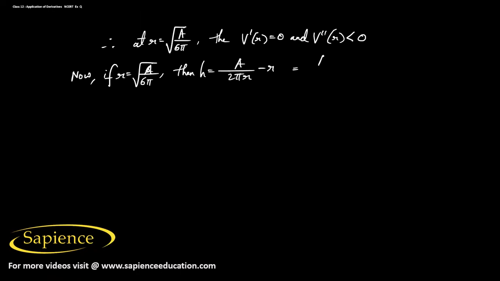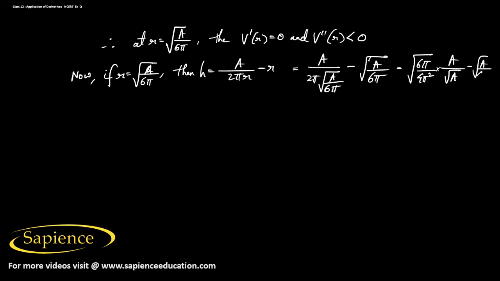So that will be equal to a by 2 pi into root over a by 6 pi minus root over a by 6 pi. So this will be root over 6 pi by 4 pi square into a by root a, minus root over a by 6 pi.